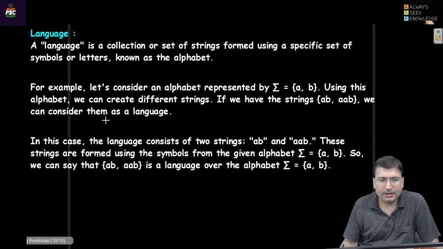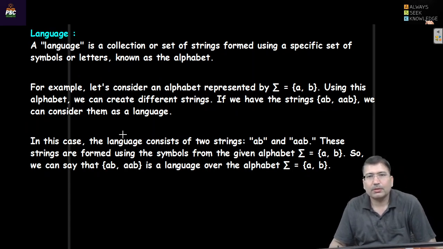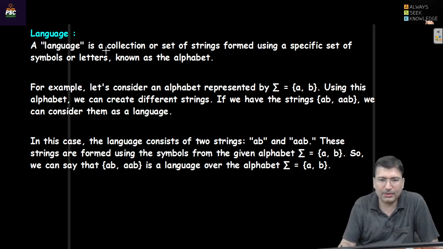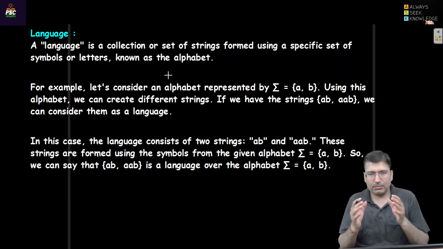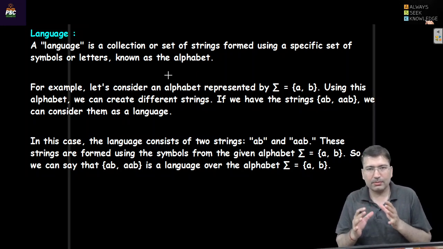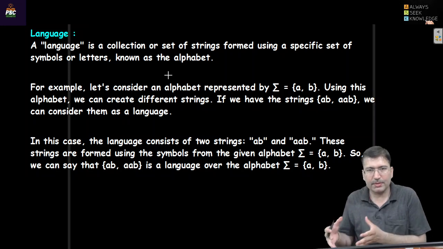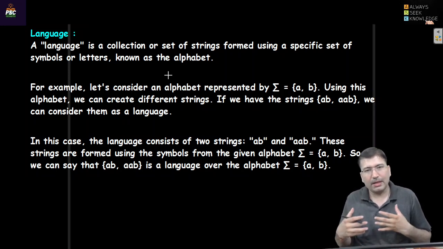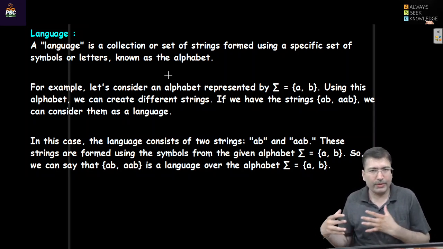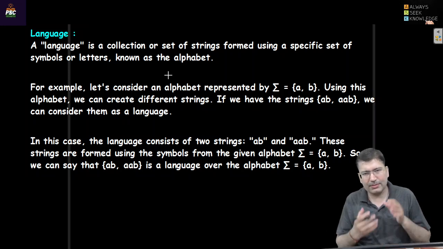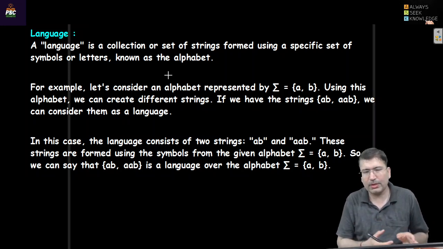Okay, then the next is language. So what is a language? A language is a collection or set of strings formed using a specific set of symbols or letters known as an alphabet. Every language will be defined over a set of symbols, like the English language having the English alphabet, which has 26 letters. The Chinese language will have its own alphabet.